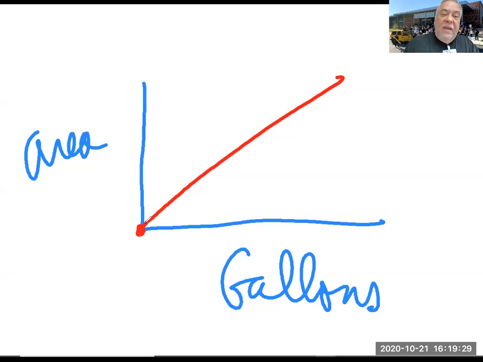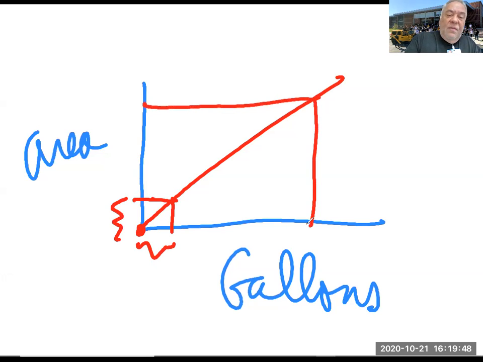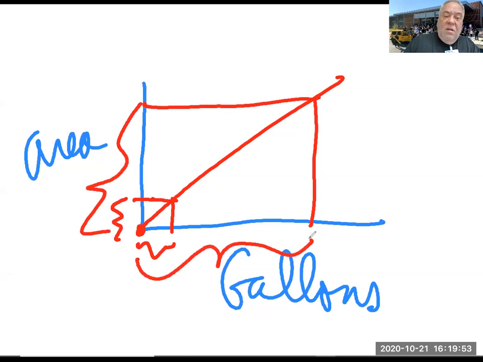It's direct variation, but it's not that hard. And then pick a point anywhere. It could be down here. That value y over that value x. Remember, y is over x. This is the y. And you divide them. That's your slope. It's how much area you can cover per gallon of paint.